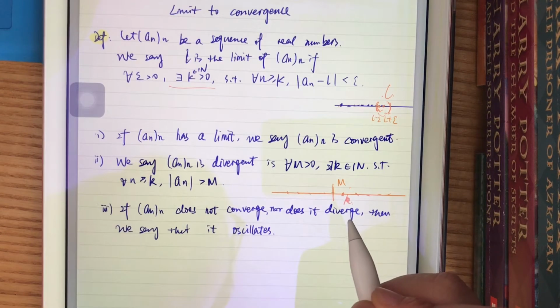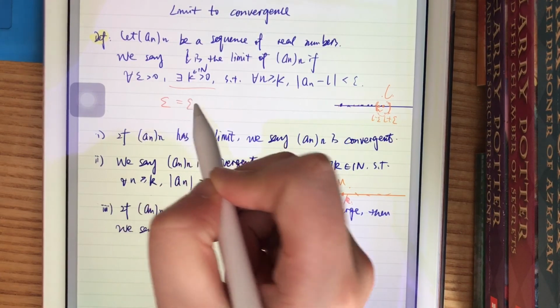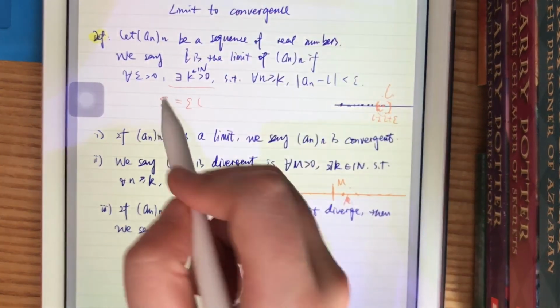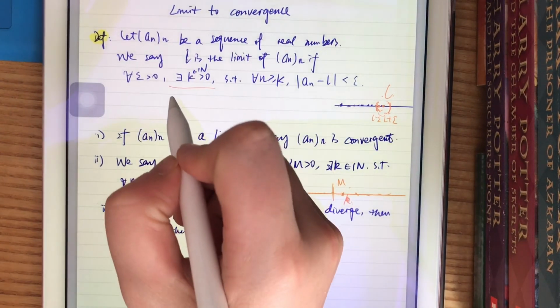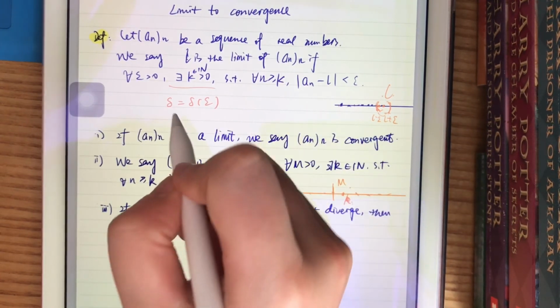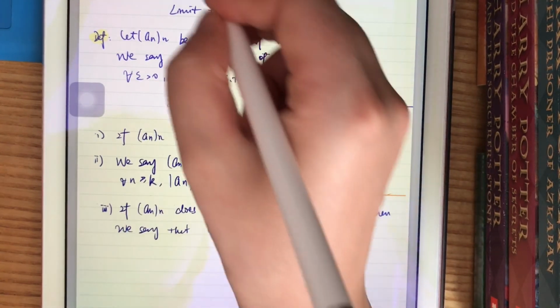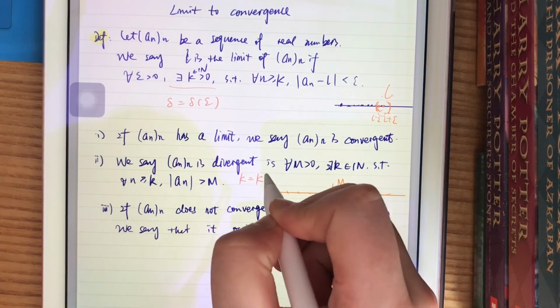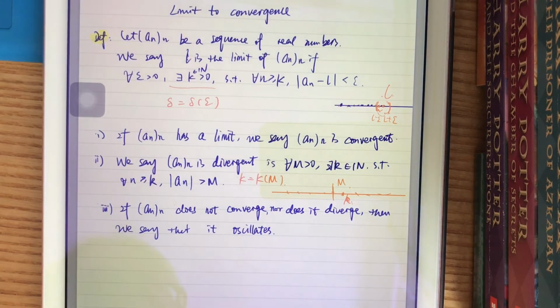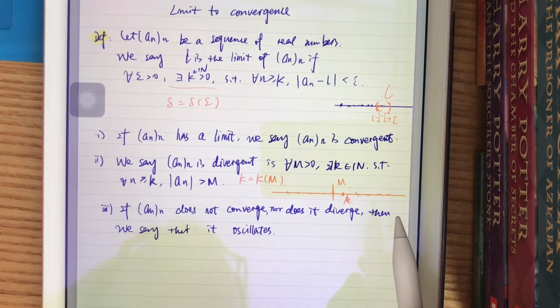In the function setting, delta depends on epsilon, and in this case, k depends on M, because when you choose M, you can choose a corresponding k such that the terms after k are all larger than M, right?